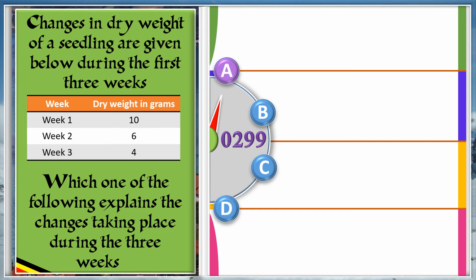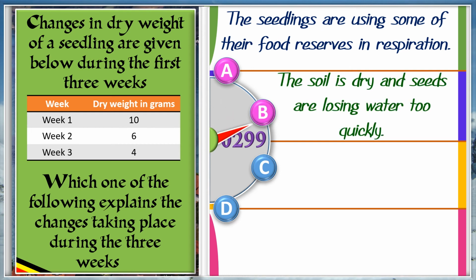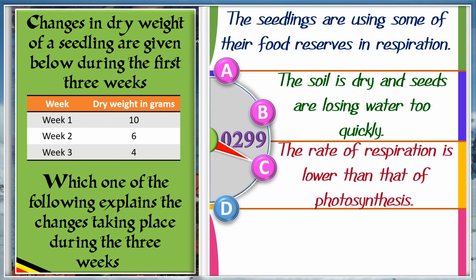A. The seedlings are using some of their food reserves in respiration. B. The soil is dry and seeds are losing water too quickly. C. The rate of respiration is lower than that of photosynthesis.